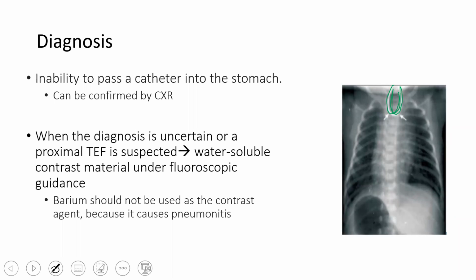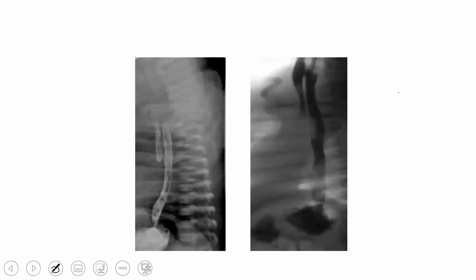Sometimes it's very difficult when you try to look for the fistula. In order to look at the proximal tracheal fistula, sometimes we need water-soluble contrast material under fluoroscopic guidance. We give a contrast, and then we look, and you can see there is a fistula.